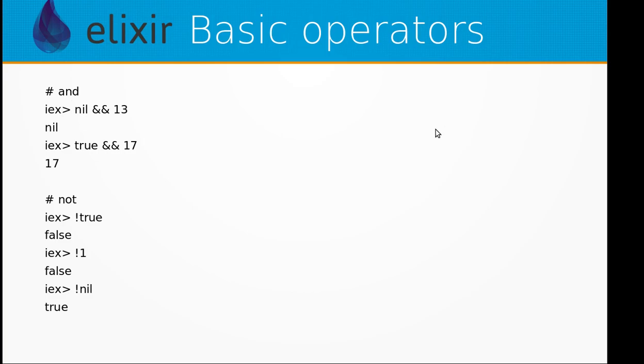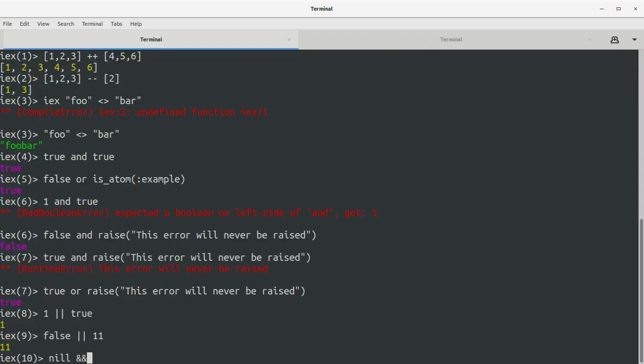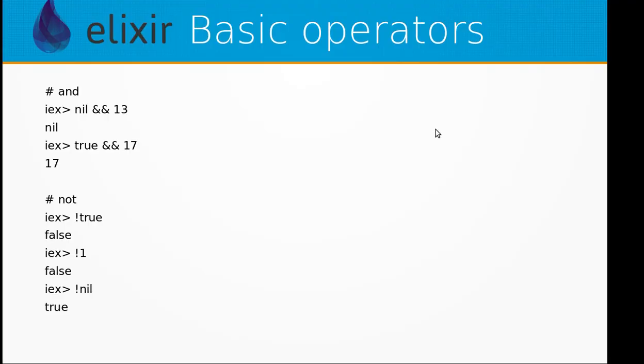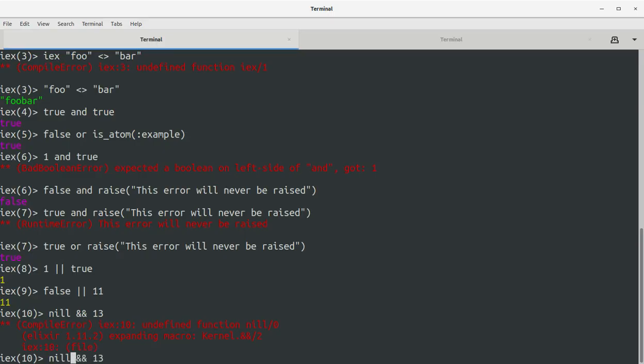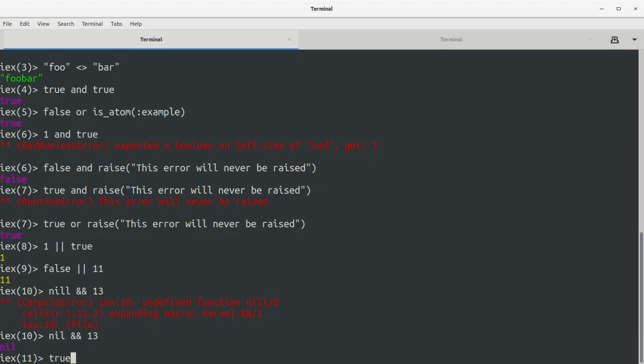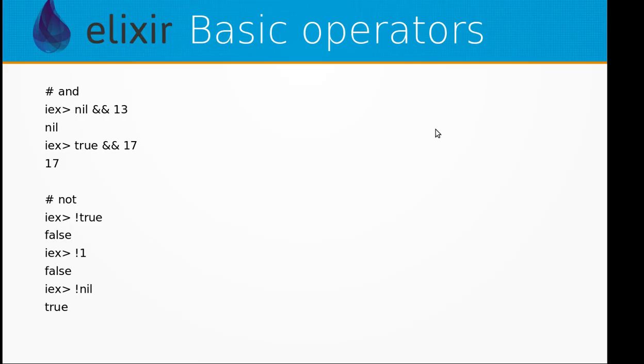Then we have the and operator, which we represent by double ampersand. Here we get a compile error saying undefined function nil, because I typed in double L. It is single L, and I get nil. And if I use true and 17, I get 17. Then we have the not operator.